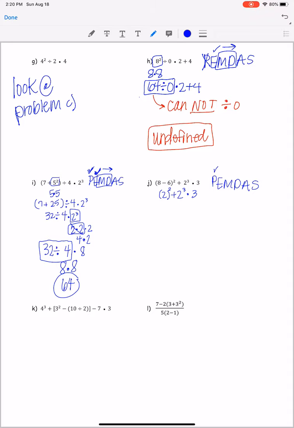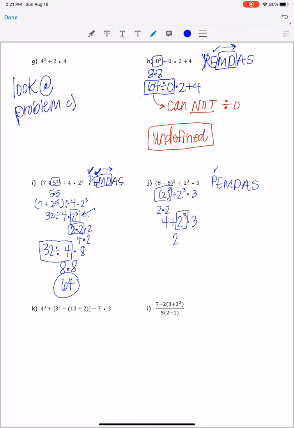So first one is 2 squared. That's 2 times 2. 2 times 2 is 4. Drop down everything else, plus 2 cubed times 3. Still not done with exponents since I have this 2 cubed. So 2 cubed means I have 2 repeating 3 times, and we actually just did this right here, right?